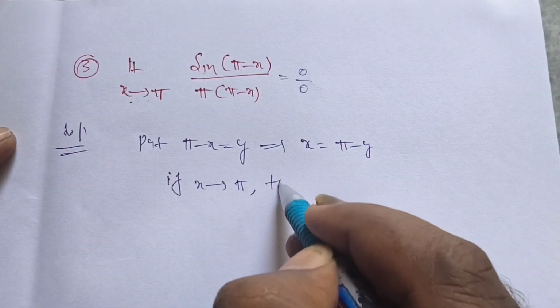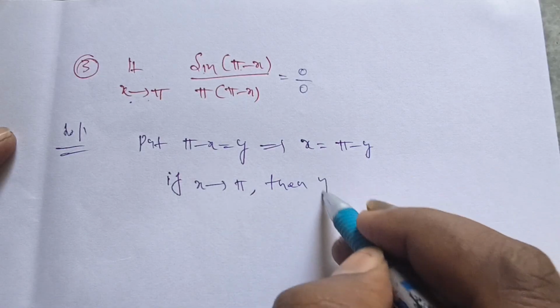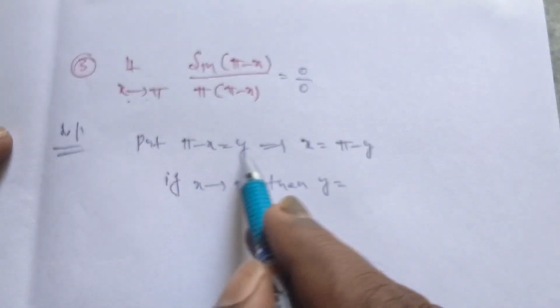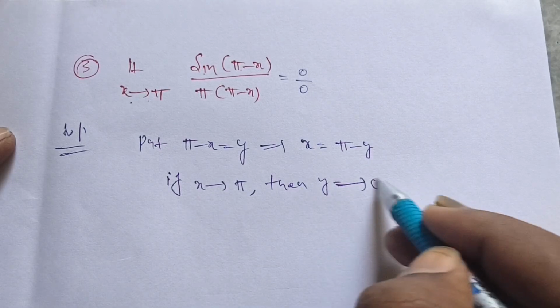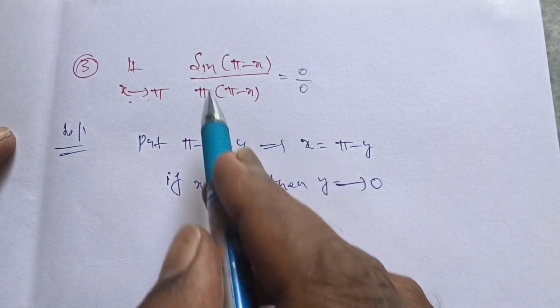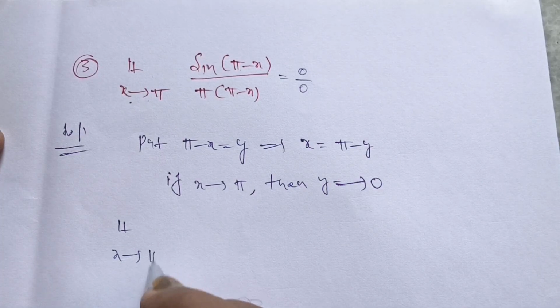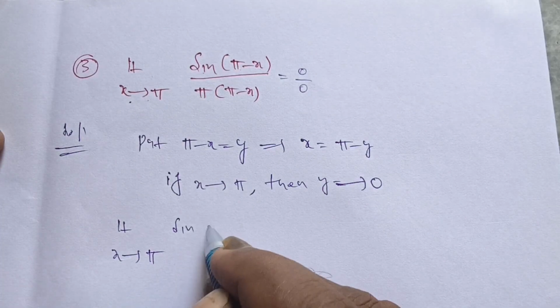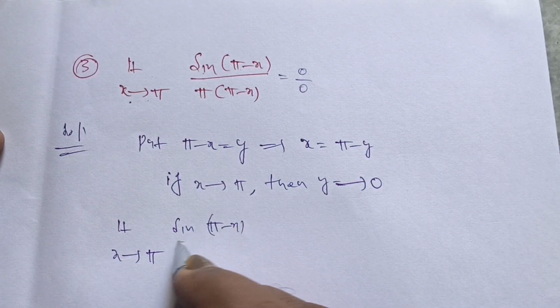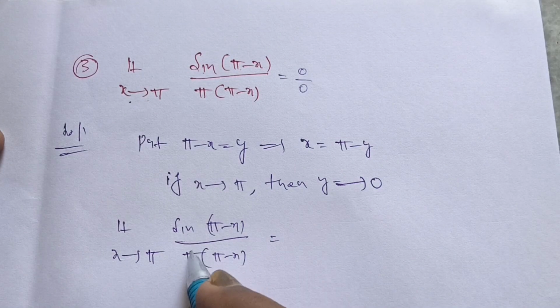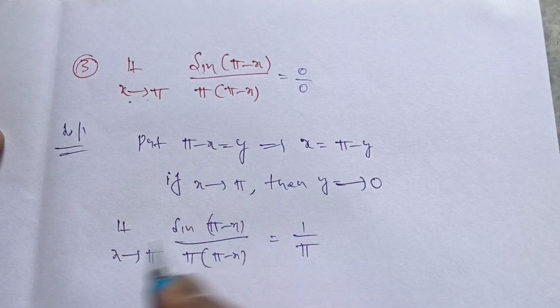Here x tends to pi is given, then we convert into the y variable. If we put x equal to pi here, then y value is pi minus pi, which is 0. So if x approaches pi, then y approaches 0. Then the given problem, limit x approaches pi, sin of pi minus x by pi into pi minus x.